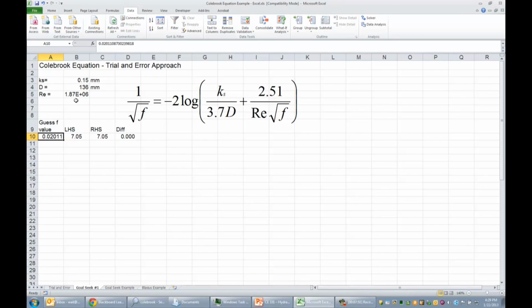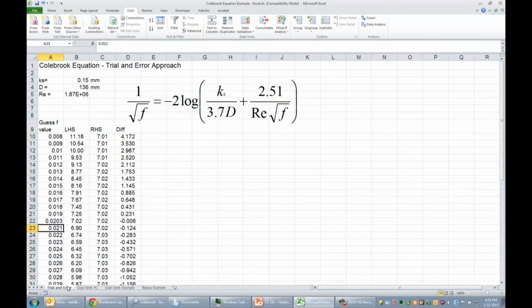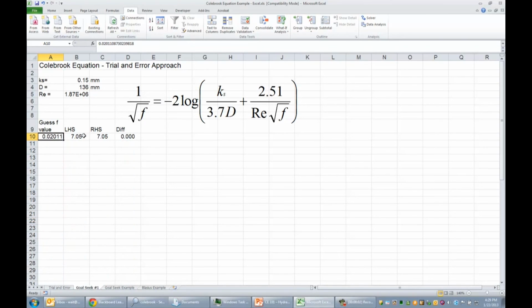Alright. A little strange, though, that it wasn't exactly the same solution that we found. We found 0.0203. I wonder if it's an error in the way I wrote that formula, if I should have put in another parenthesis somewhere. Order of operations thing. 2 log times. Well, let me just do one more thing, because there's an even more powerful tool besides the what if analysis goal seek.